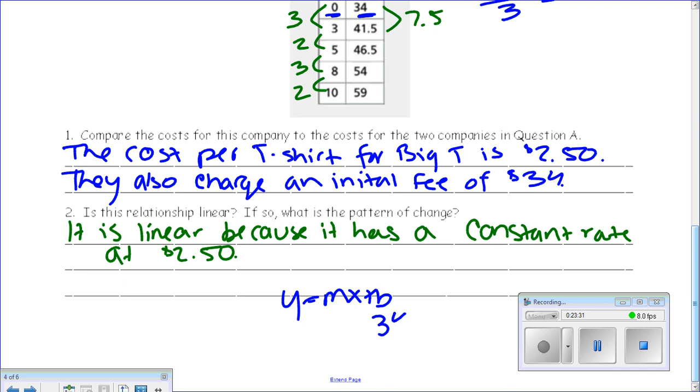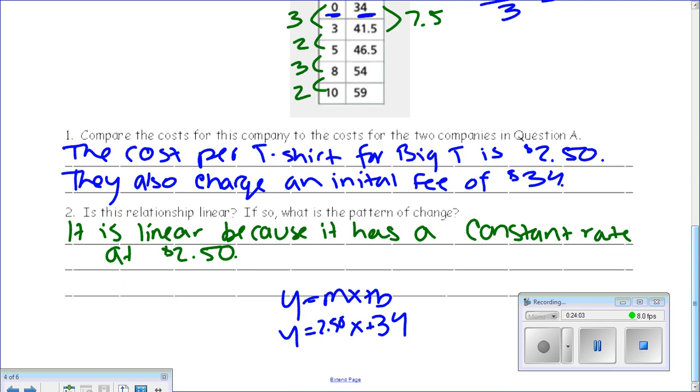So I could plug that in for our b and have y equals something for my m. What would my m be? My m is my constant rate, which is also my slope. So Anthony, what did you say my slope was? 2.5, or I'll put 2.50. If I could write it in this equation, that also shows that I can plot it on a graph and put it in that equation and make a linear line.